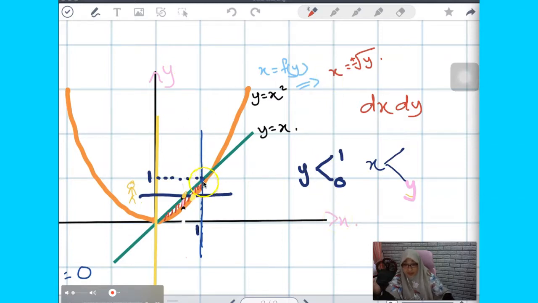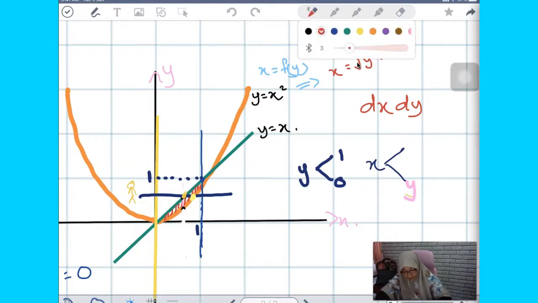Because of that, the x here should be positive, so we just consider the positive. Now you have x equal to square root of y.